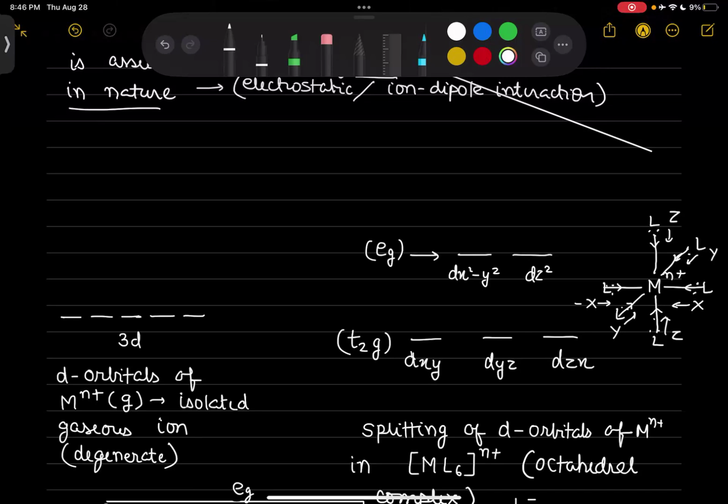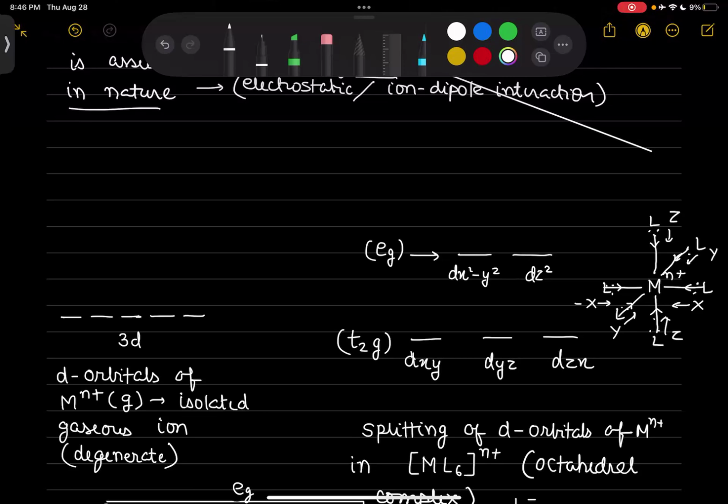But not all the d orbitals are facing the ligands. Suppose this pencil is a ligand, and it is connected to the metal ion along the x-axis, so you have dx2-y2. Its lobes are along the x-axis and y-axis.